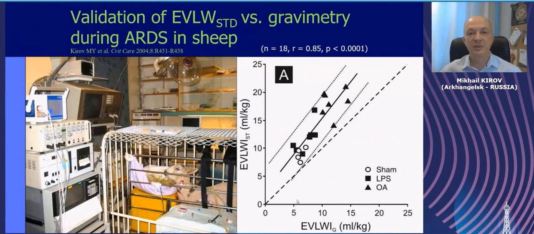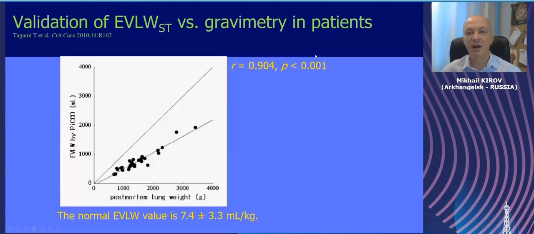The lung water measurements using single thermodilution have been validated both in experimental and in clinical setting. This is our study in a ship at the University of Tromsø in Norway, where we validated lung water measured by gravimetry and by single transpulmonary thermodilution, observing a moderate correlation.